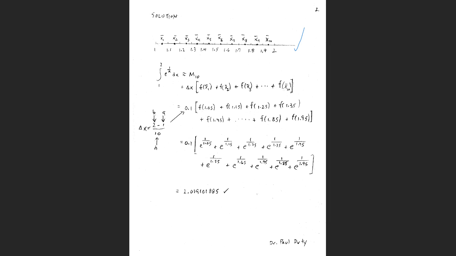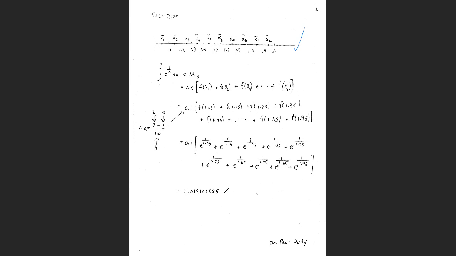Now I know, for instance, the TI calculator has a function that can compute these approximations. I'm not going to be secretive about it. But the problem is you won't learn how to apply these approximations if the calculator does it for you.